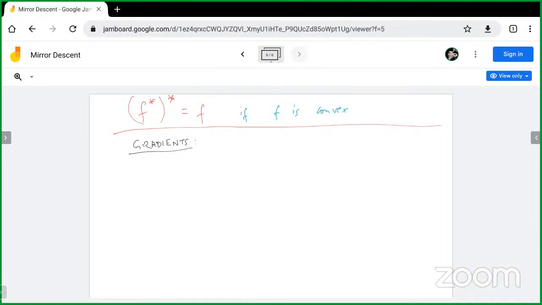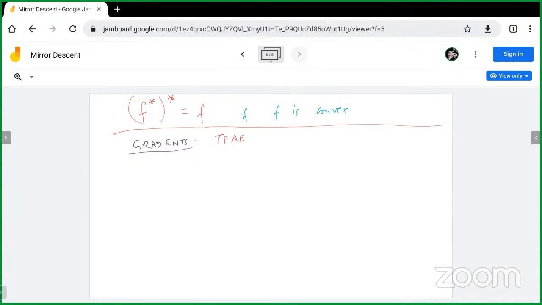Okay, so it turns out that the following are equivalent. This is the important part.